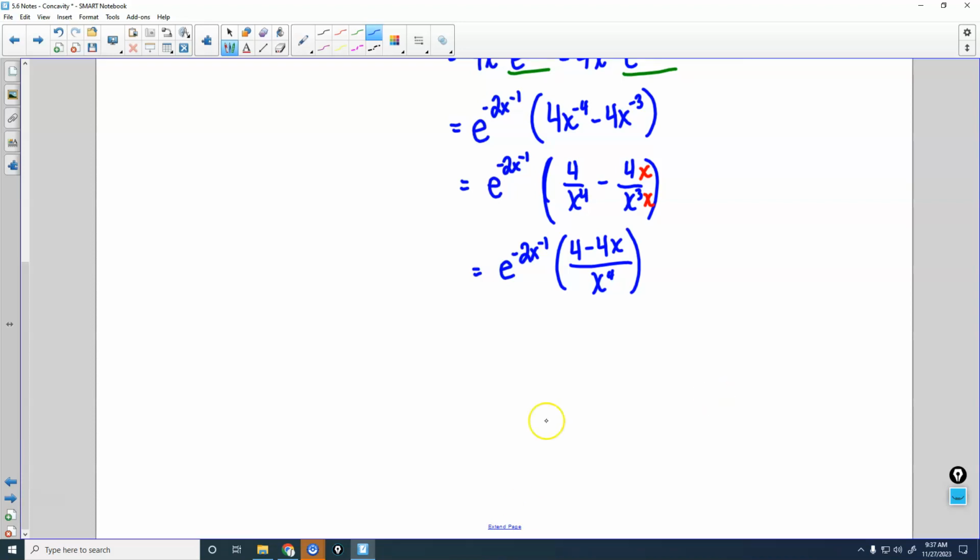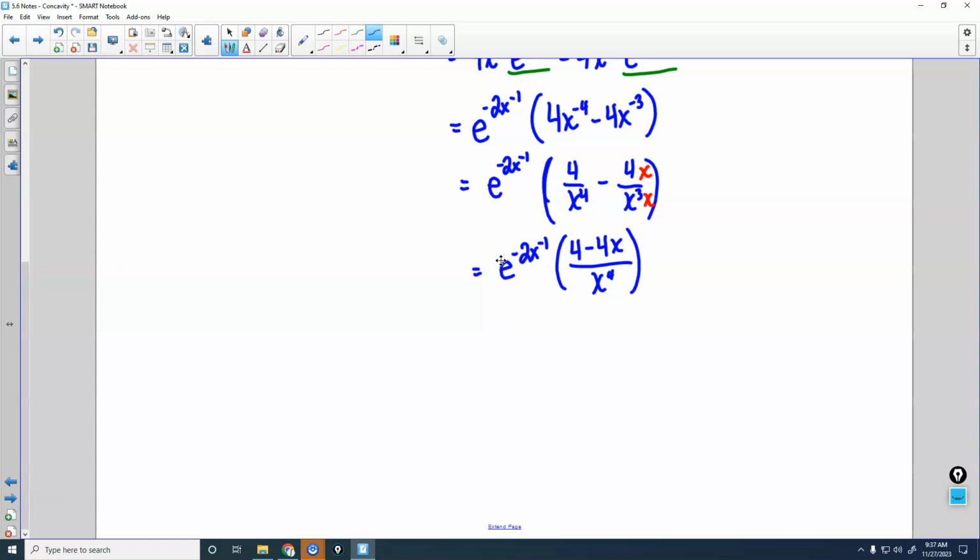And it's really up to you what you want to do with this e right here, but it's not really going to make a difference because e to any power is always positive. Even though this is a jumbled mess of stuff, e to any power is always positive. It's not going to give you any critical points, and it's not going to change your sign at all.